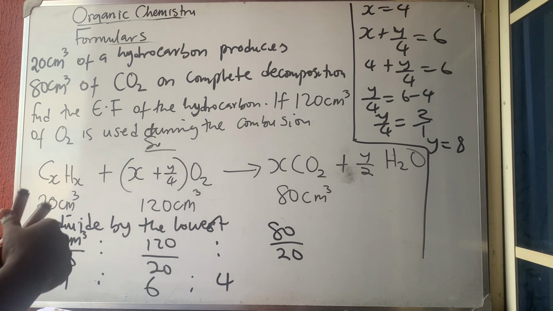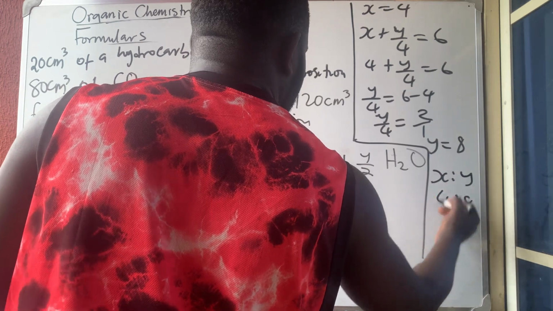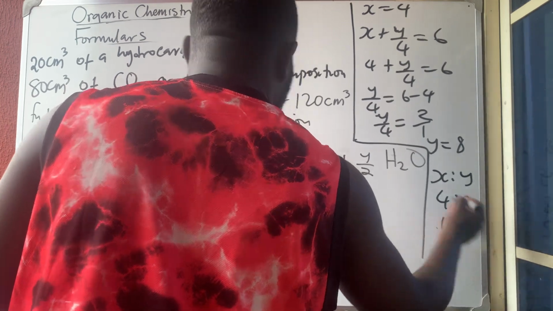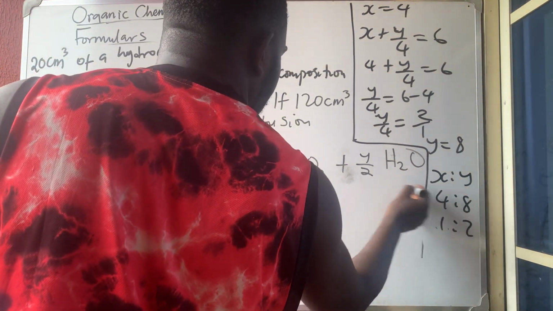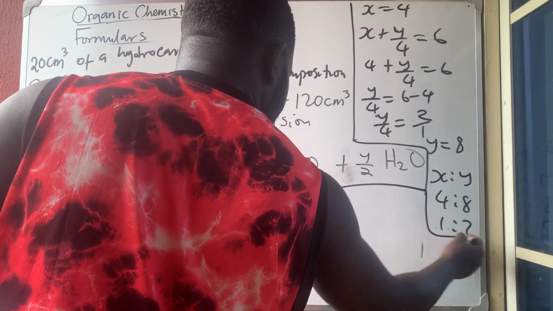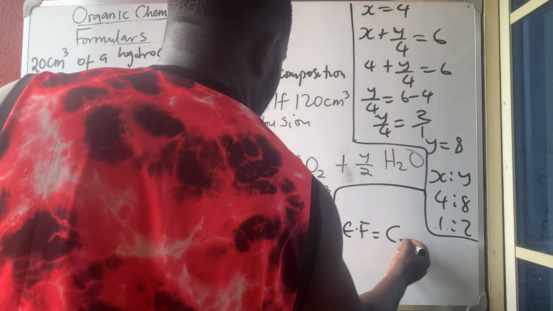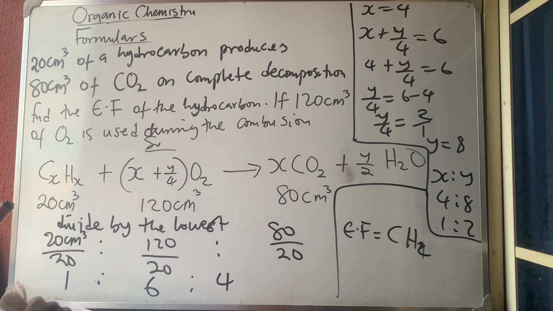So the ratio of x to y is 4 is to 8, which breaks down to 1 is to 2. So the empirical formula of the hydrocarbon is CH2.